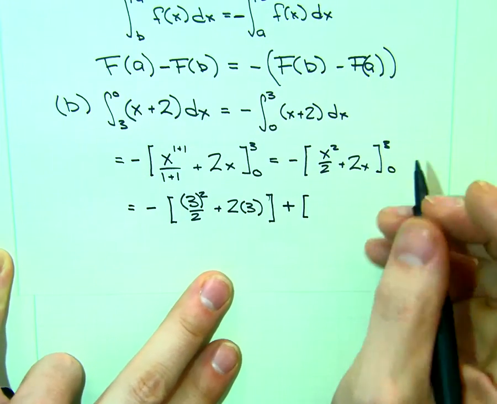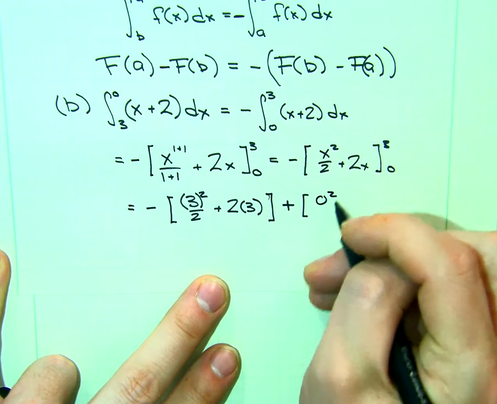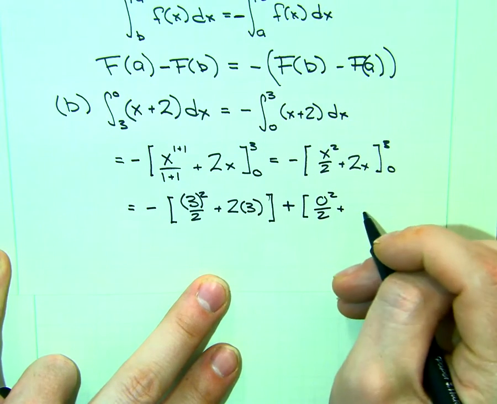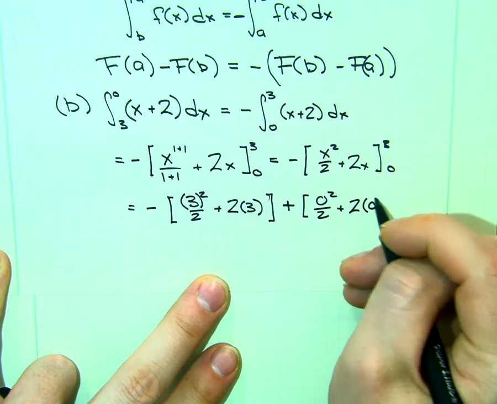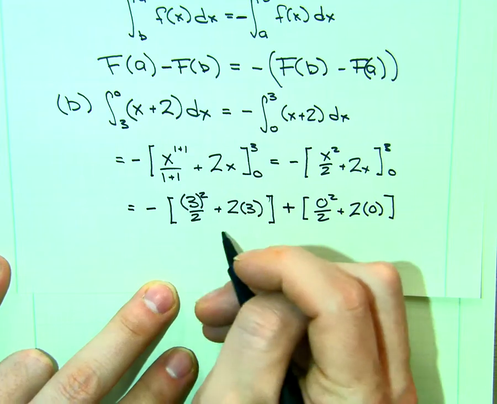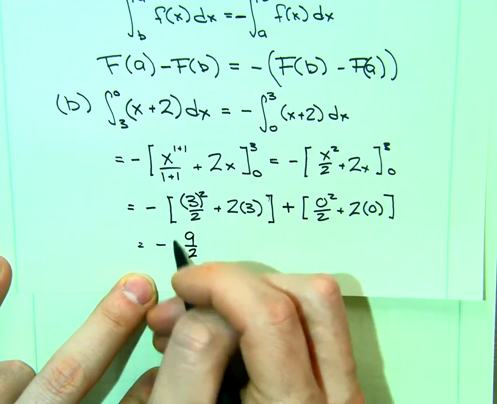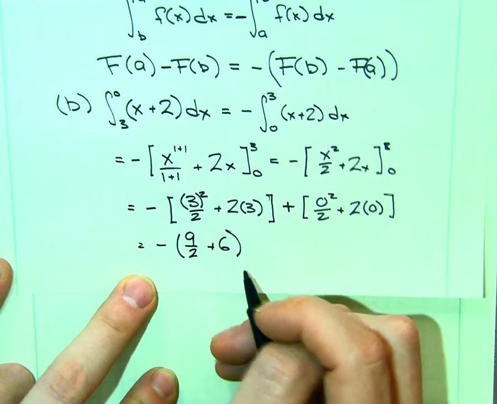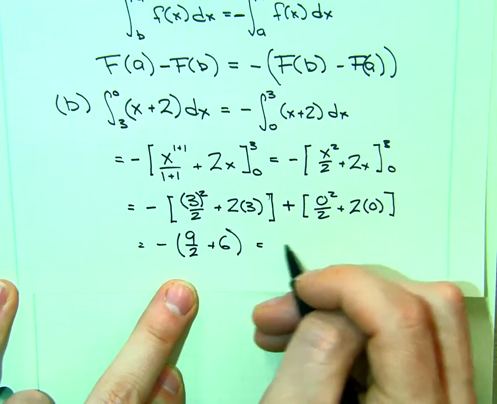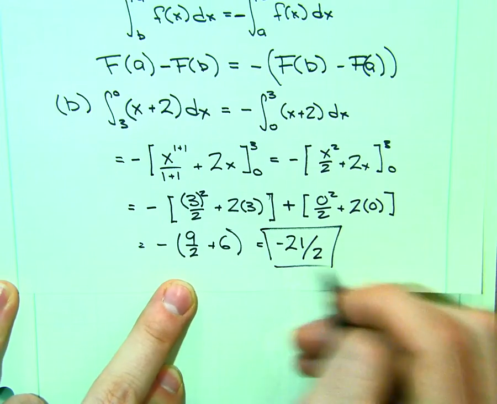So then now the 0 goes in, and both of these terms have a 0, so I just get 0 squared over 2 plus 2 times 0. So this term entirely goes to 0. 3 squared over 2 is 9 halves. So I just get negative 9 halves plus 6. And this is just going to be equal to negative 21 over 2, negative 21 halves.